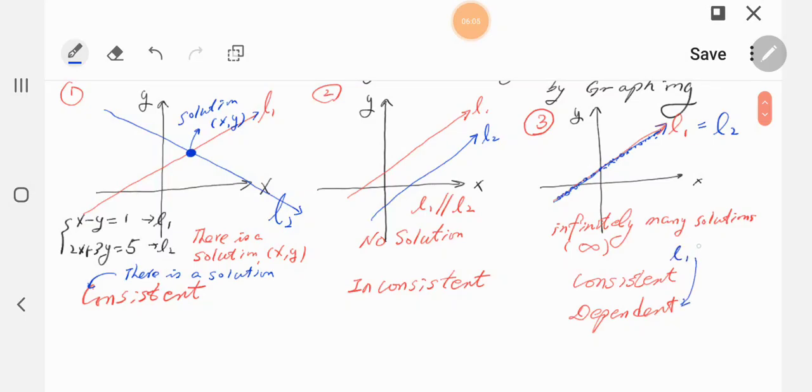So line 1 equals line 2, exactly the same. Then we call it a dependent system. And we call the others independent systems. So the first type is an independent system, and the second type is also independent.